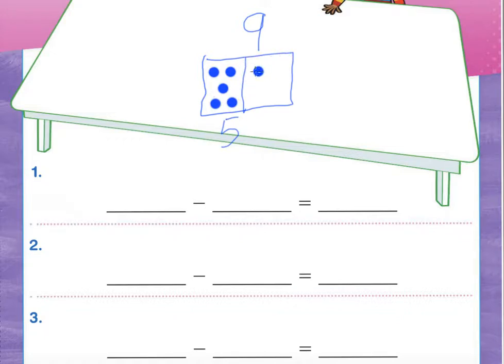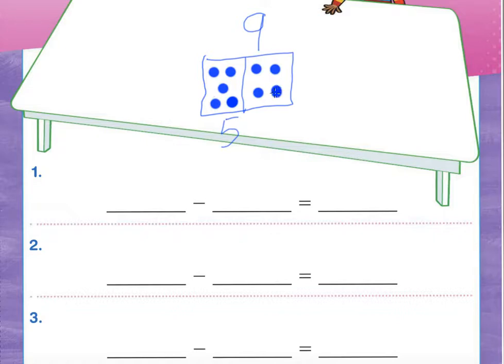And then after we count all the way to 9 from 5, we'll look at the dots that we made and then count them, and that'll tell us what our missing part is. So let's try counting on from 5. So when we do this, first we say the number that we're starting at. So we say 5, then 6, 7, 8, 9.